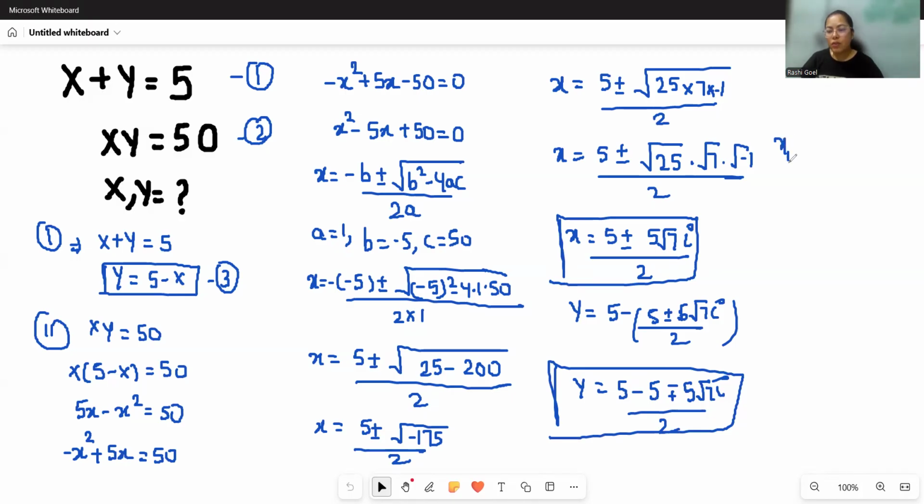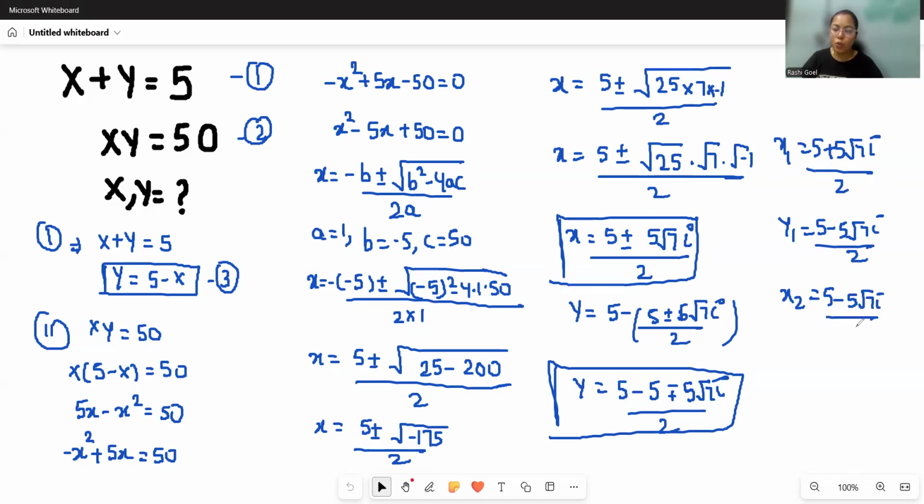If x1 is (5 plus 5 root 7 iota) by 2, then y1 is (5 minus 5 root 7 iota) by 2. Similarly, x2 is (5 minus 5 root 7 iota) by 2, then y2 is (5 plus 5 root 7 iota) by 2.